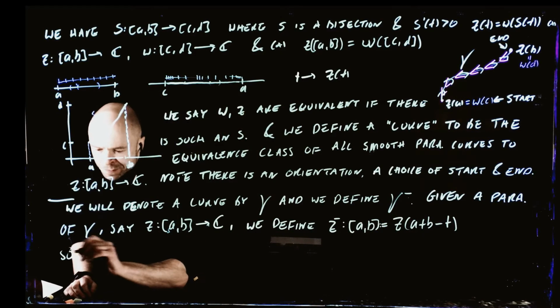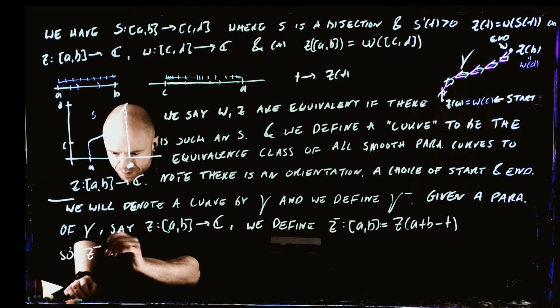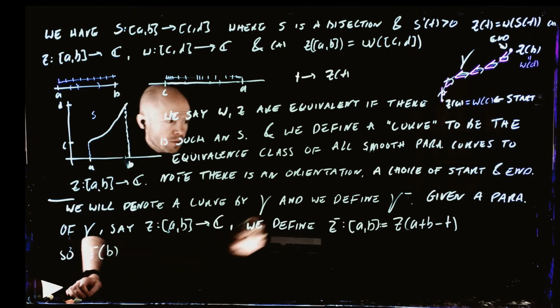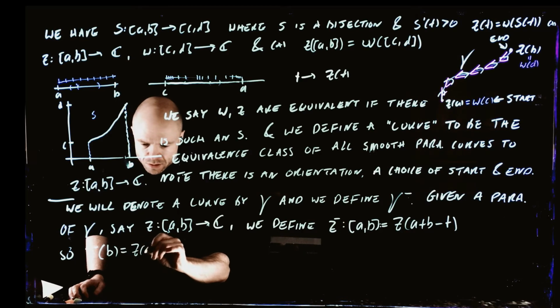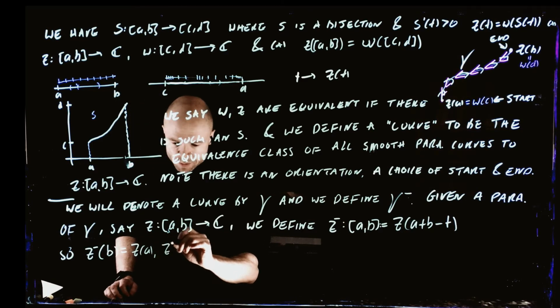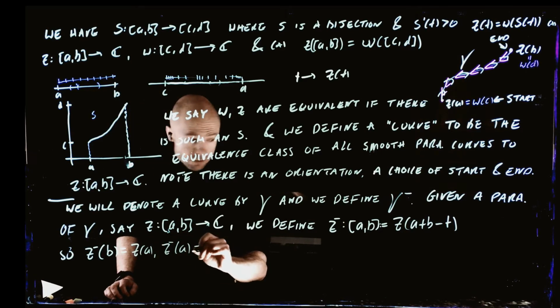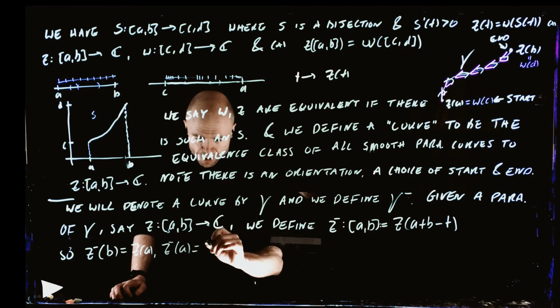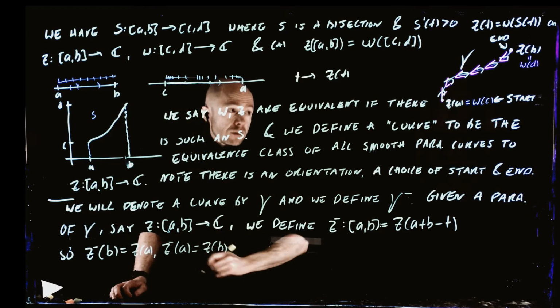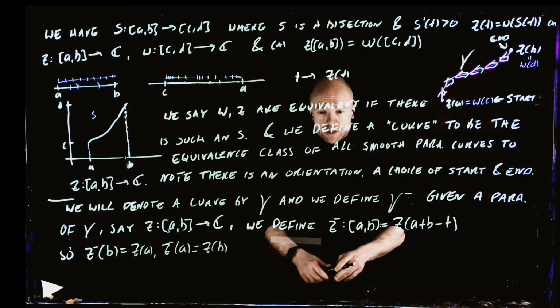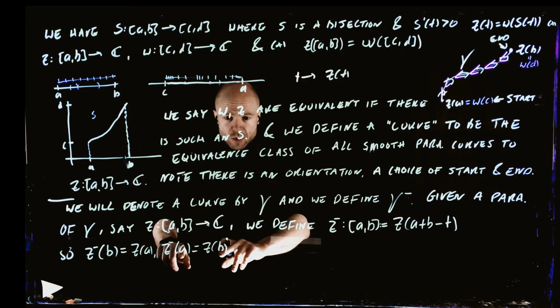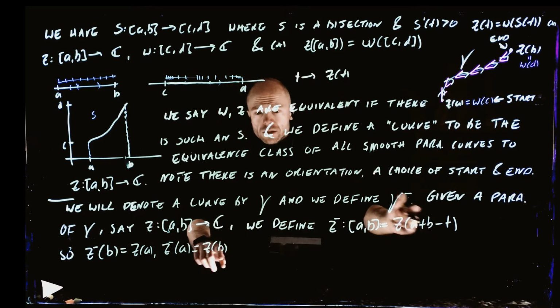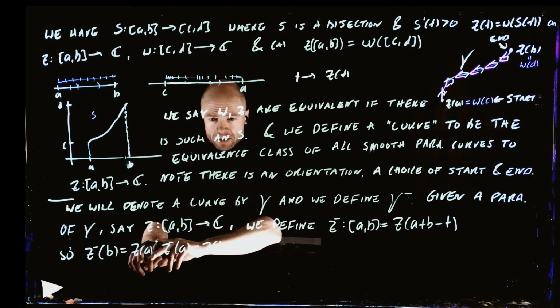Z minus of B, when you put B inside this, we're just going to get Z of A, and Z minus of A, we put A into this, we're just going to get Z of B. So this guy is exactly reversing the orientation, right? So this guy is starting where our Z ended, and it is ending where our Z started, right?